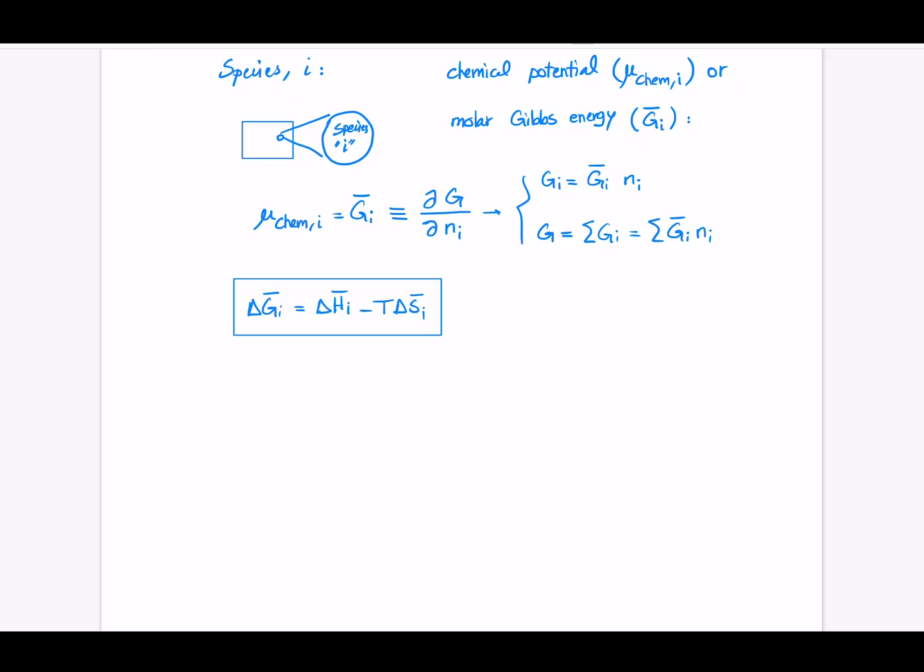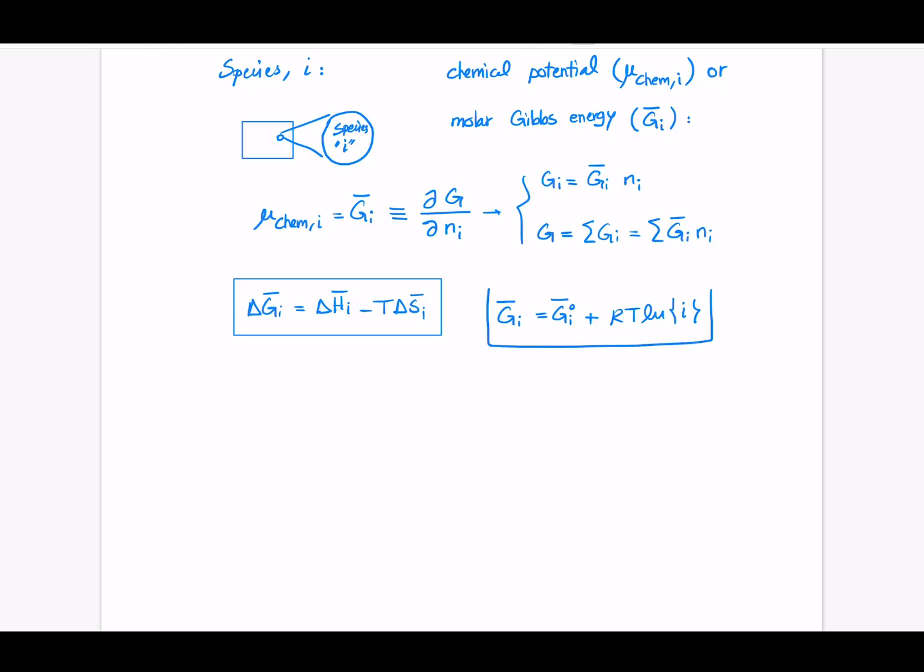And then we talked about the standard condition to define a baseline for G_i per mole, the molar Gibbs energy. At that standard condition it's easy to find the values, and we define that to be G_i per mole at the standard condition. And then we mentioned that for any G_i at non-standard condition per mole, this is just a deviation from the standard condition, considering the activity of species I.